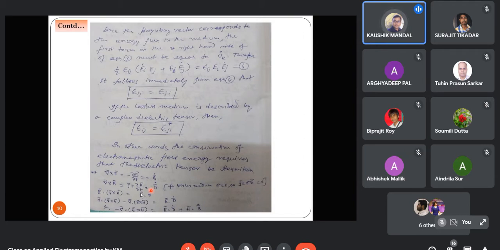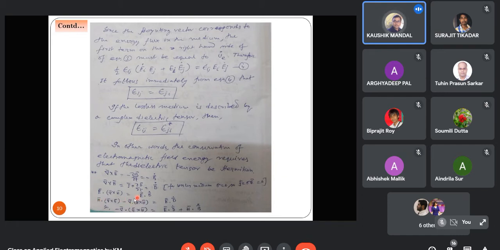Now you consider the Poynting theorem. If you consider the divergence of E cross H, it basically represents the rate of energy flow. E cross H is S, so divergence of E cross H will represent the energy flow.